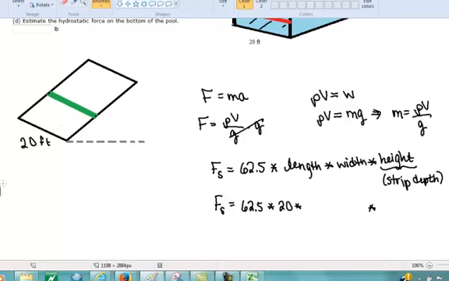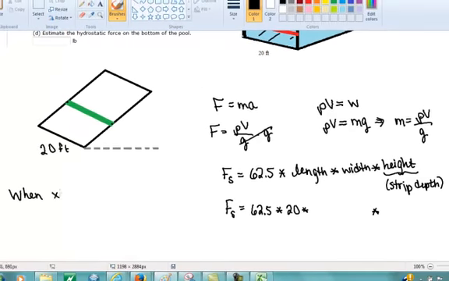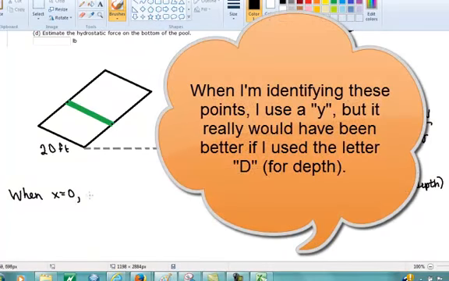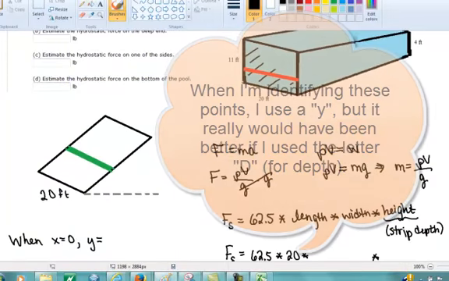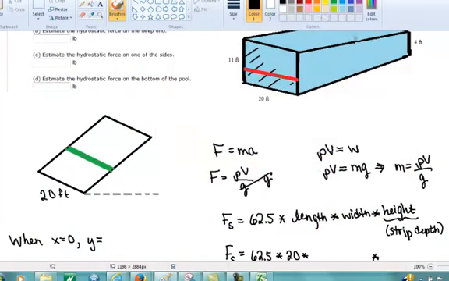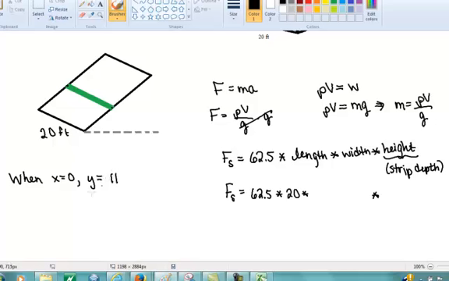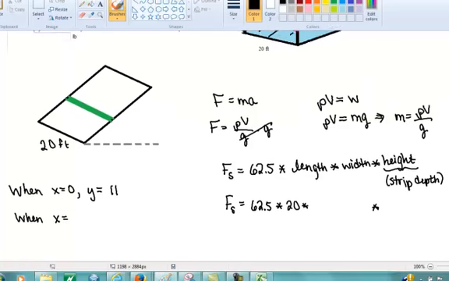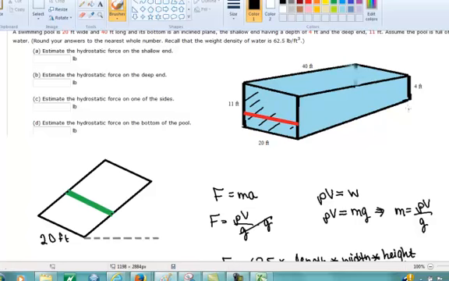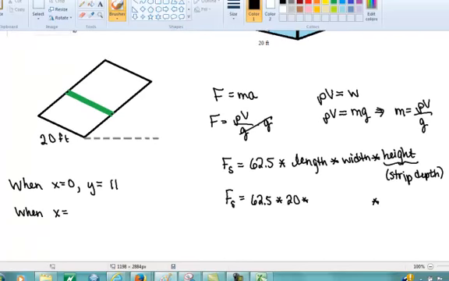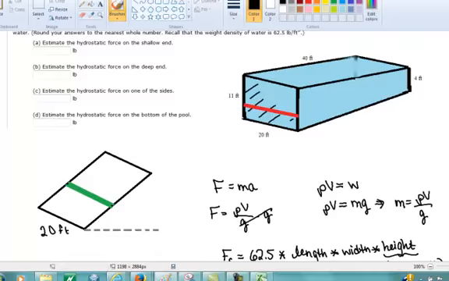So when x equals 0, the depth, or the y, is, well, when we're way at the left end, which would be the deep end of the pool, the depth is 11. And then at the other end, the shallow end of the pool, is when x equals, well, it's 40 feet long, so then x would be 40. y equals, well, the depth is 4.